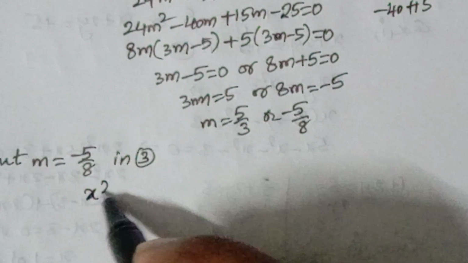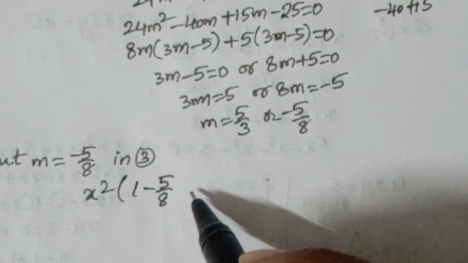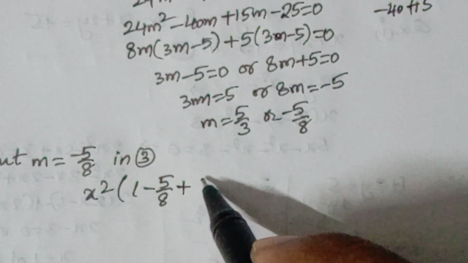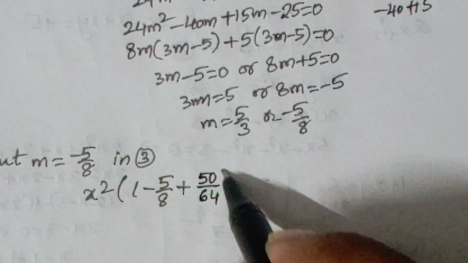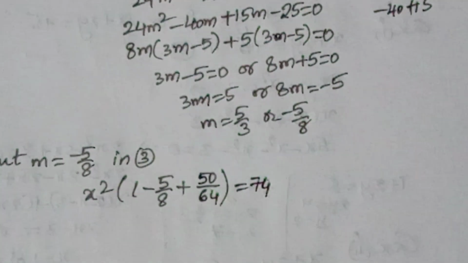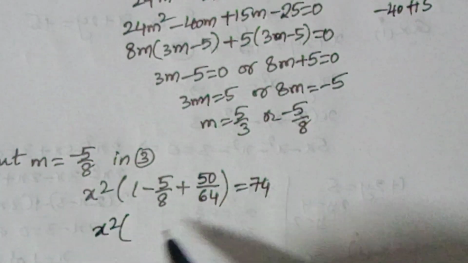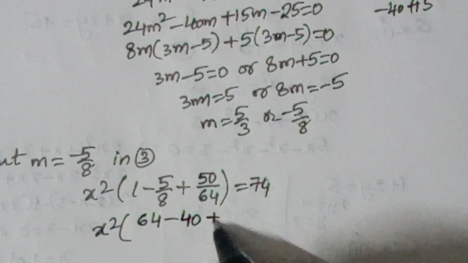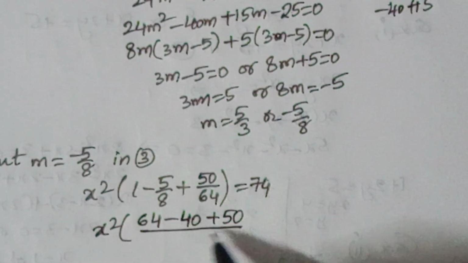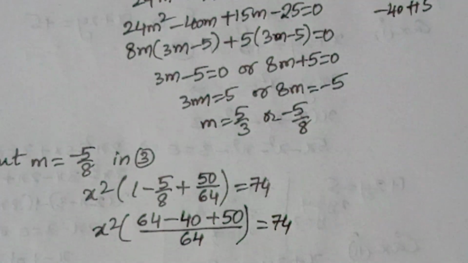x square bracket 1 minus 5 by 8 plus 2m square, 50 by 64, is equal to 74. So if you take LCM here, x square bracket 64 minus 40 plus 50 by 64 is equal to 74.